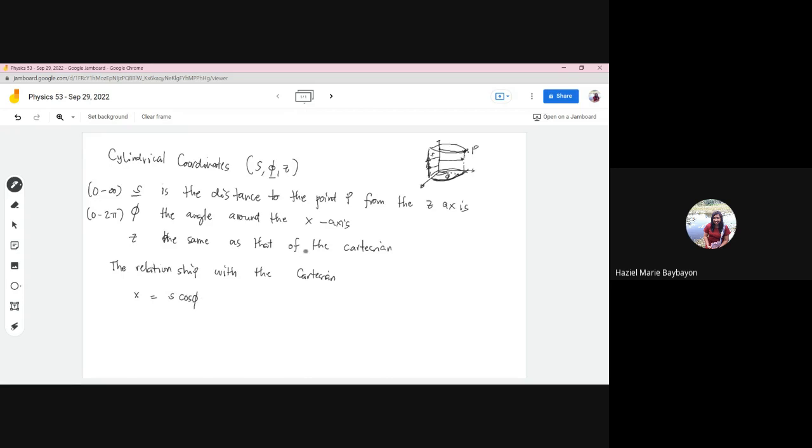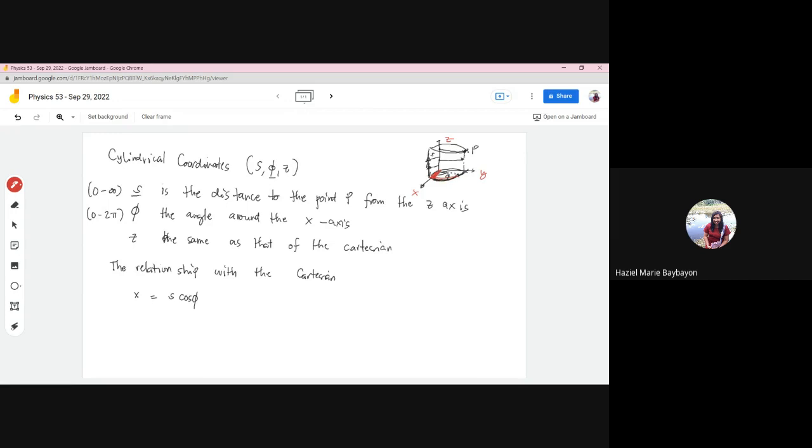Okay, so as you can see here, kini siya imo x, along the x-axis, y, and then z. So kini siya nga side diri is just adjacent to your angle phi.